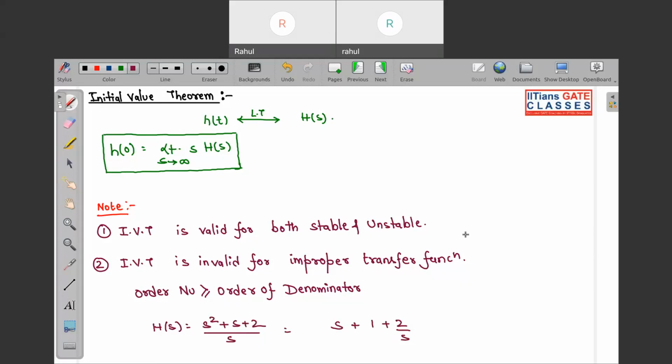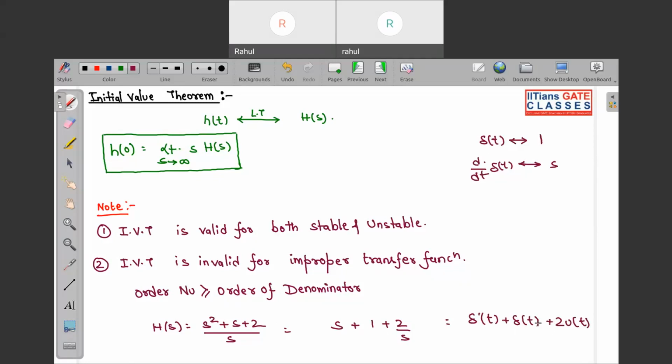Remember, if delta t has Laplace transform 1, then d by dt of delta t has Laplace transform s. So this will be delta dash t, plus delta t, plus 2 u(t).